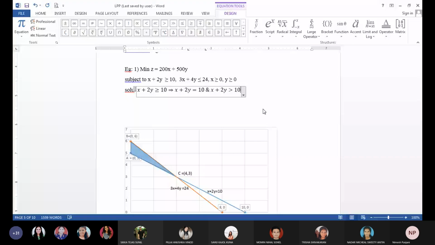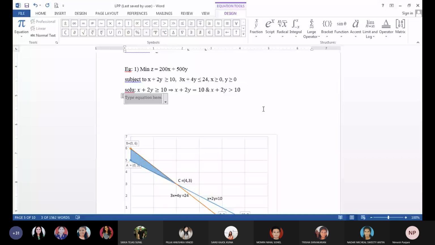So in this, if we take x as 0, what is the value of y? Y का वैल्यू मिलेगा 5.